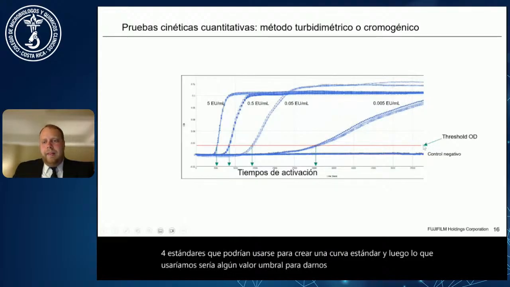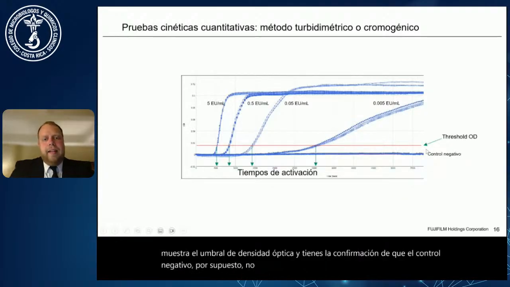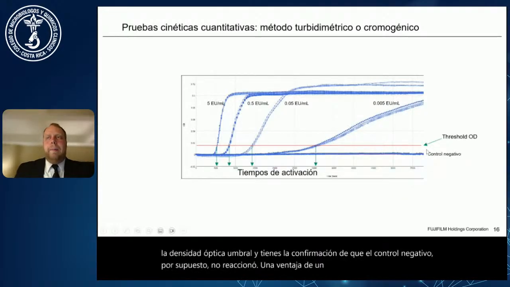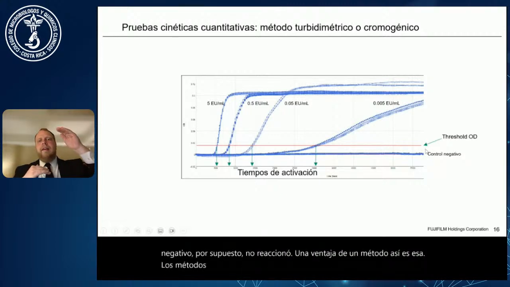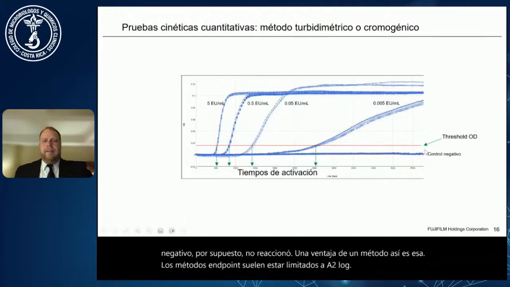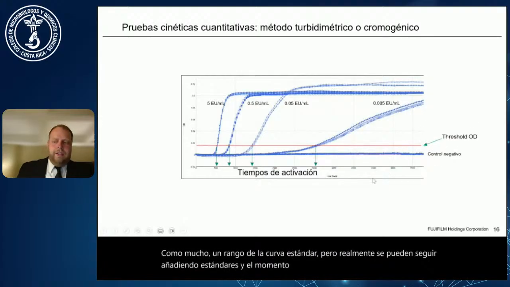You see here the threshold optical density is listed, and you have a confirmation that the negative control, of course, did not react. An advantage of a method like this is that the endpoint methods are often limited to a 2 log at most range of the standard curve, but really standards can continue to be added, and the time of measurement will allow for the distinction of that.